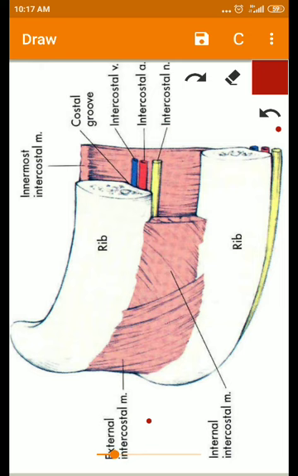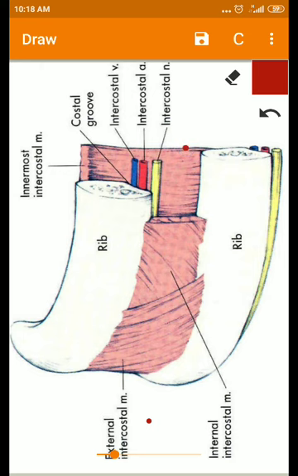Okay. So how many intercostal muscles are there? There are three intercostal muscles: the external intercostal, the internal intercostal and the deeply placed thoracis transversus. This thoracis transversus is again of three types: subcostalis, intercostalis intimi and sternocostalis.